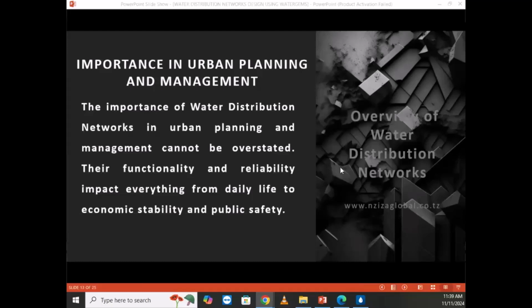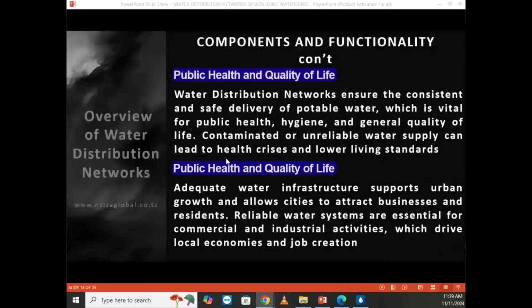We were talking about the importance of water distribution system in urban planning and management. As you are not stating yours, I'm going to give you mine. Water distribution system in urban planning and management.